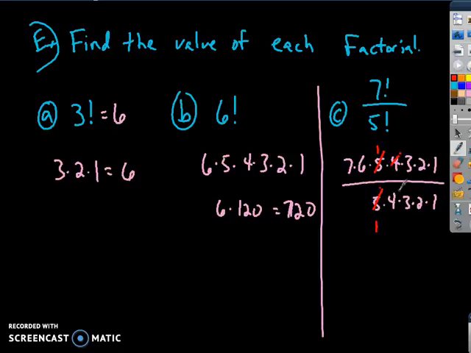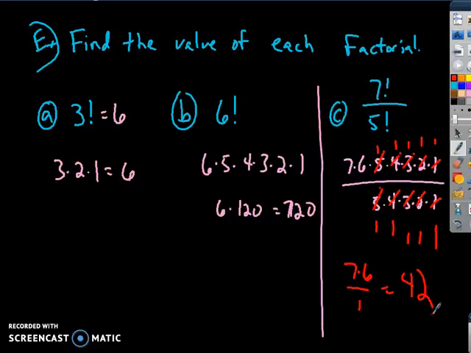And then these 4s divide off also to be 1. And these 3s divide away to be 1. And these 2s divide away to be 1. And these 1s are already 1, but they also divide away to be 1. So basically what you get is 7 times 6 times 1 all over 1. So it's basically 7 times 6 over 1, or just simply 42. So 7 factorial divided by 5 factorial is just simply 42.